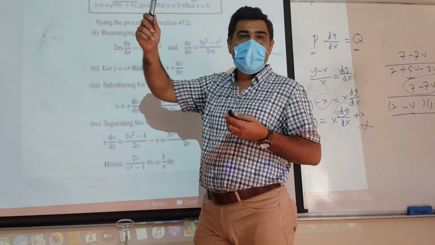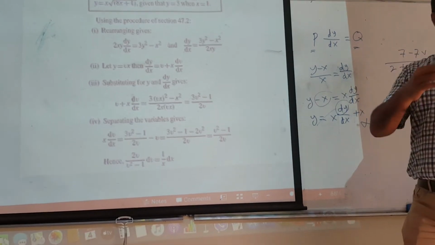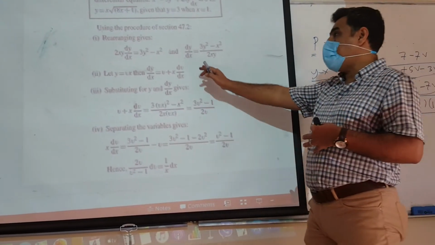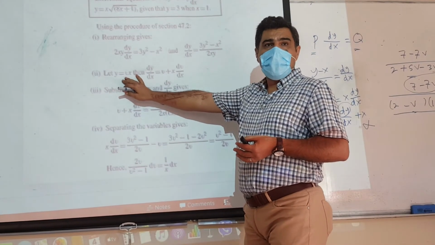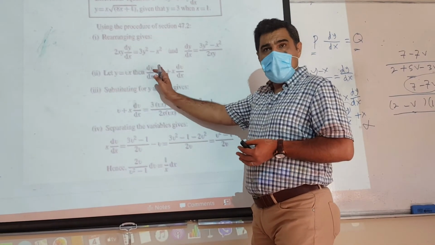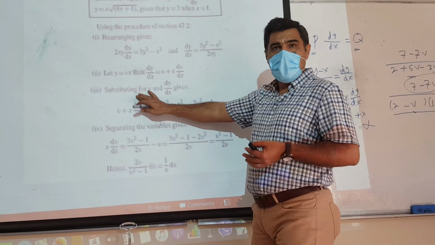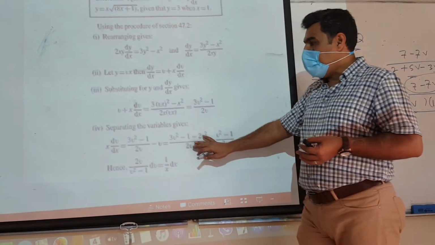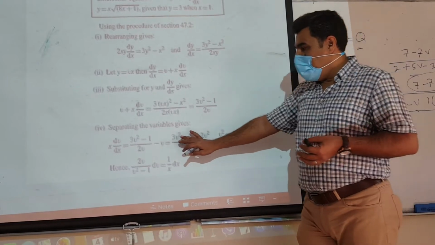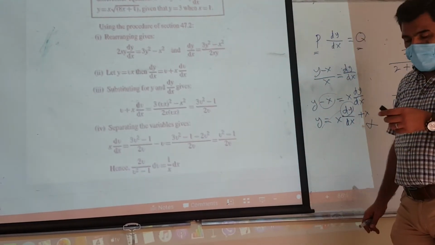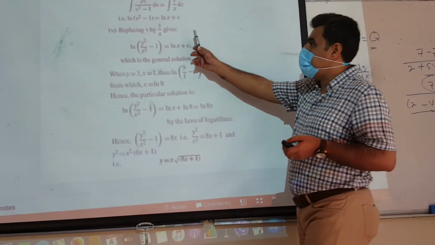Now the same steps from early beginning: rearranging, then assumption of y is equal to vx, the derivative of this equation, and then substituting dy over dx and y, then separating the variables. As soon as you separate it, you will have integration of both sides.